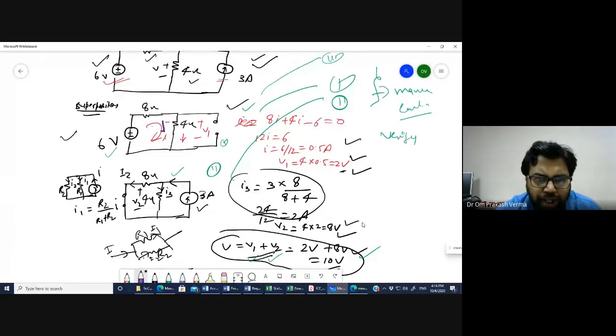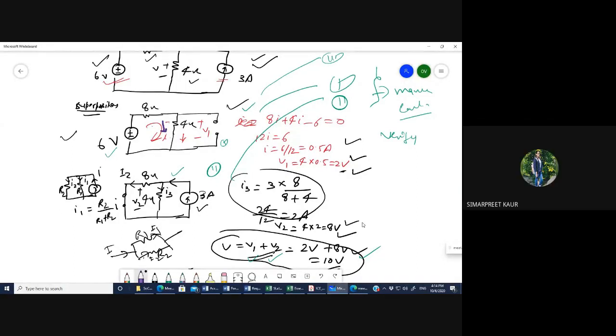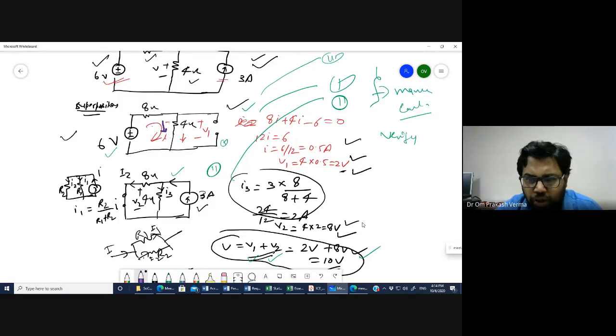Can you tell me what the current is in this branch using the 6-volt voltage source with the help of simulation? It is 500 milliamp. 500 milliampere, yes, you are getting the same result. What is the voltage drop across the 4 ohm resistance? It is 2 volt.